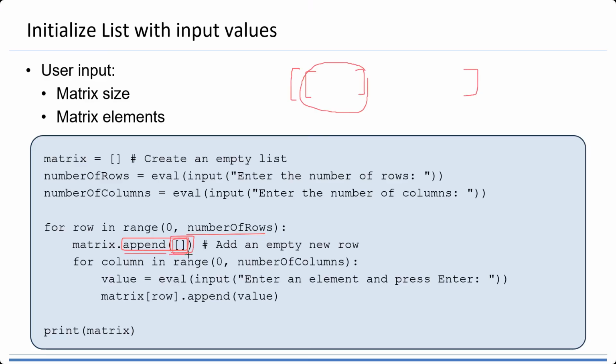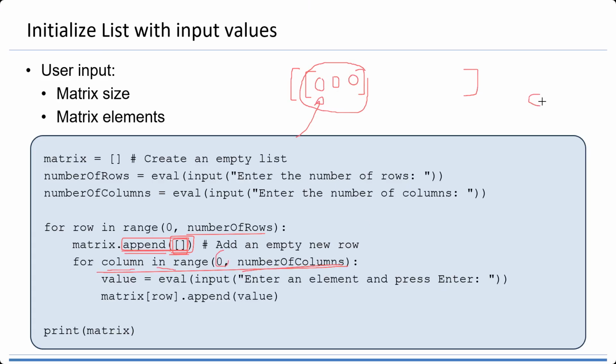In the row index 0, I'm going to have an empty list and then I'm going to use this empty list to fill in the next particular column. So the column in the range of 0 until the number of columns, we will take a look.